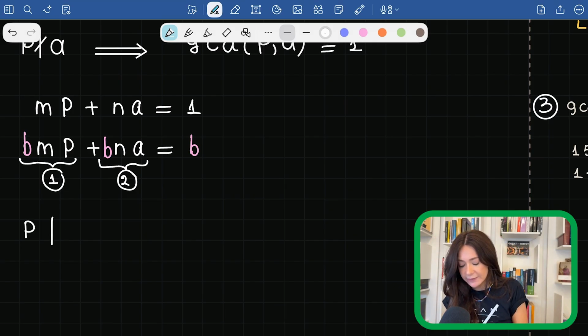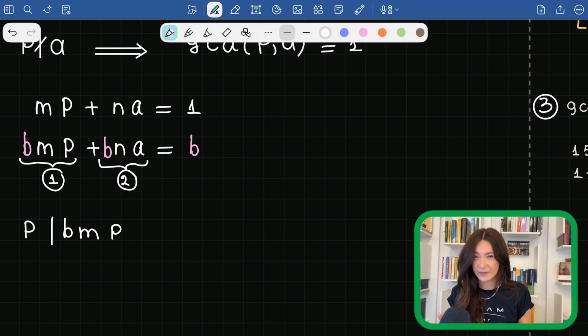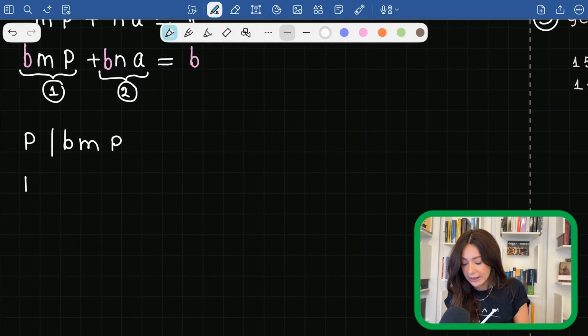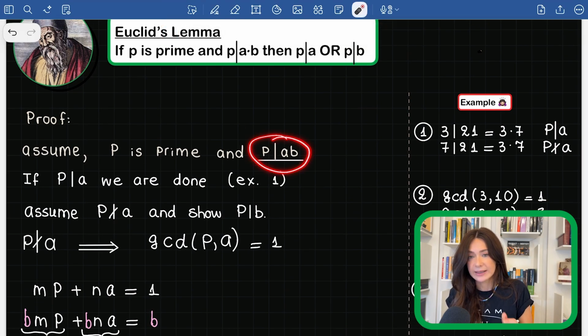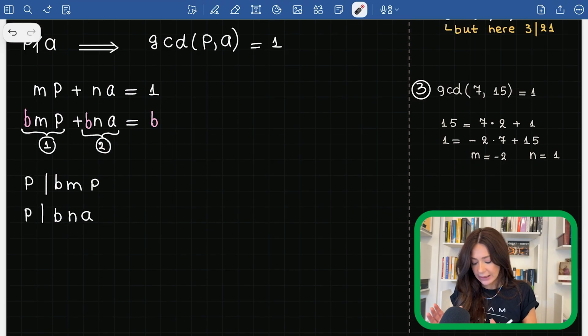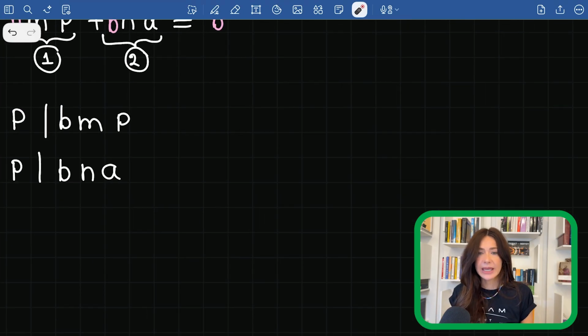So P divides B times m times P necessarily, because P is one of the factors. That's easy. Then P also divides B times n times A, because we said initially that P divides A times B. And B times n times A is n times AB, right?